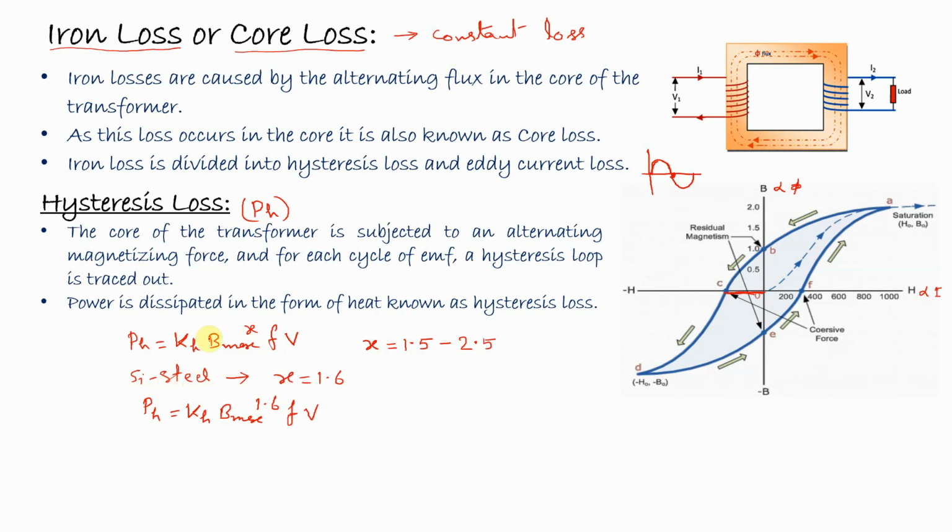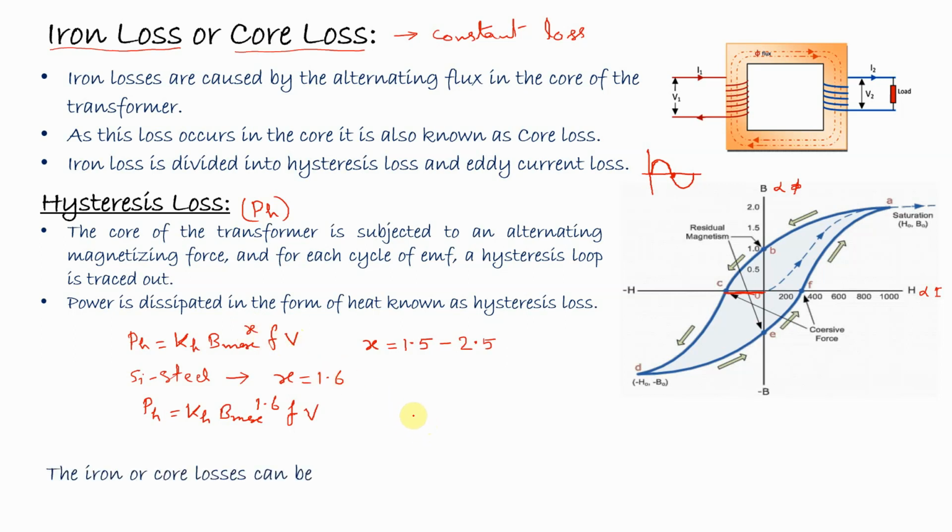So here we can see that each and every value is constant. Bmax is the maximum flux density, it is a constant. F is the frequency of the supply voltage, constant. V is the volume of the core material, again it will be constant for a particular rated transformer. So the only variable here is x, and it depends upon the material.